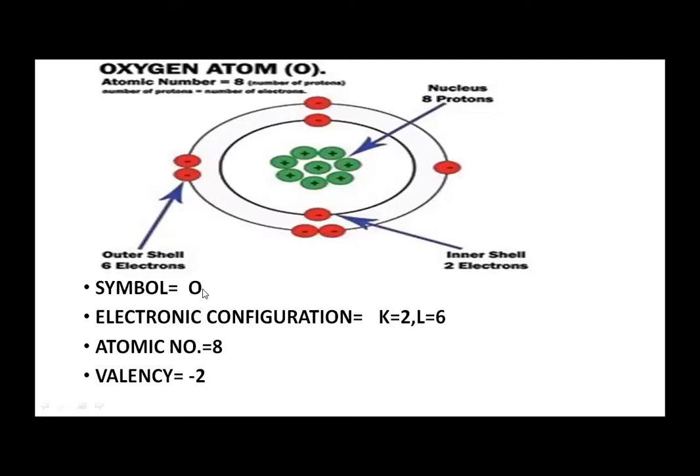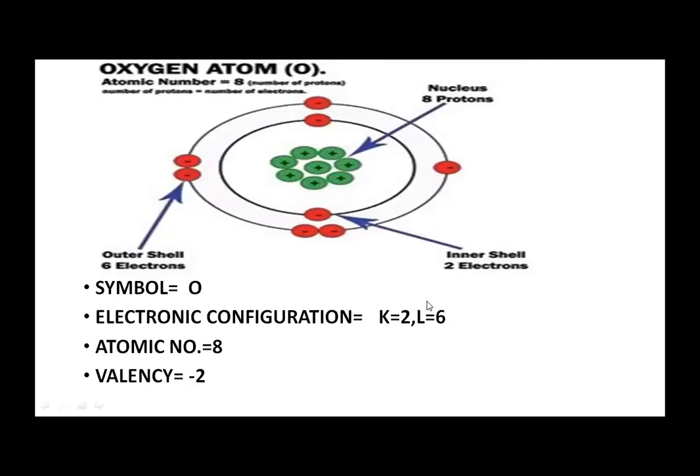The symbol of oxygen is O and its electronic configuration is K2 L6. Electronic configuration means how many shells are used, 2 shells, K and L, and how many electrons are in each shell. Now, in the last valence shell, the L shell, 6 electrons are present.